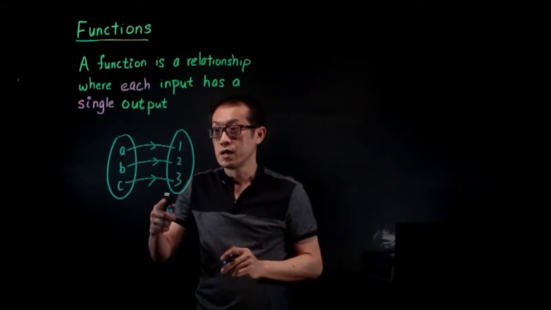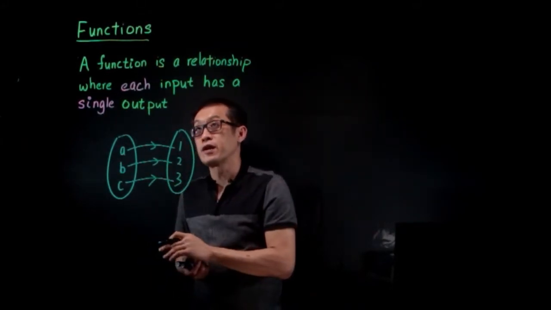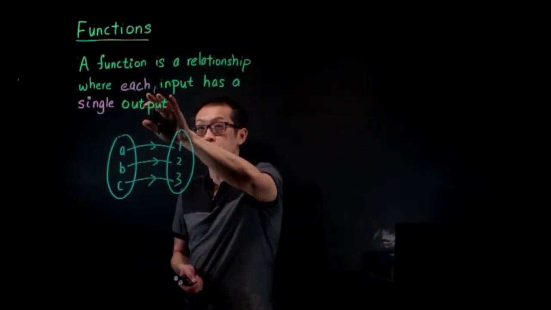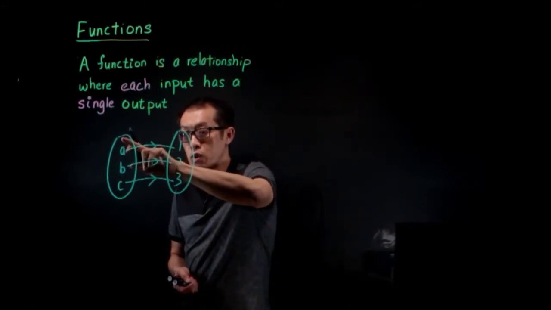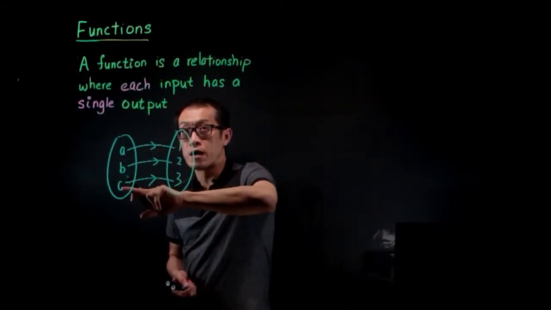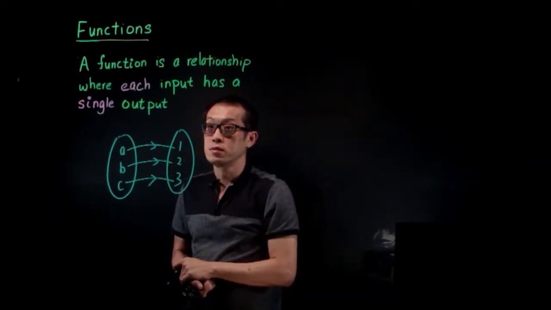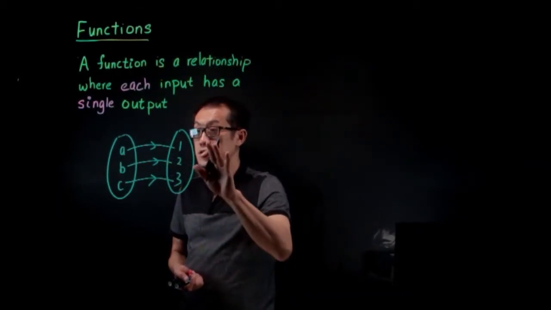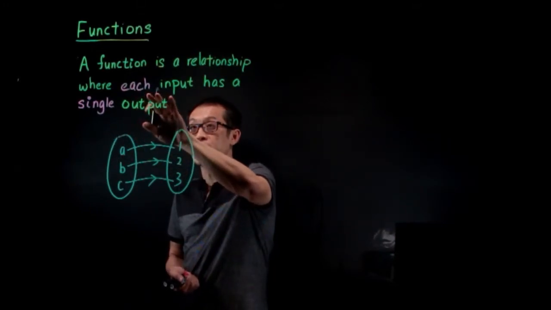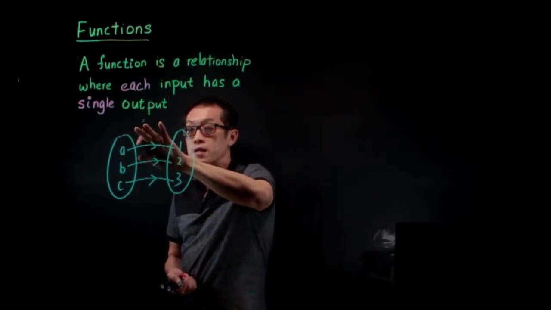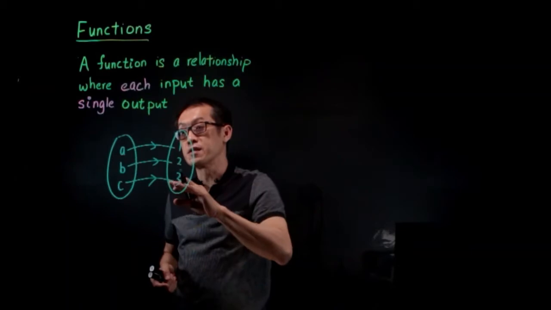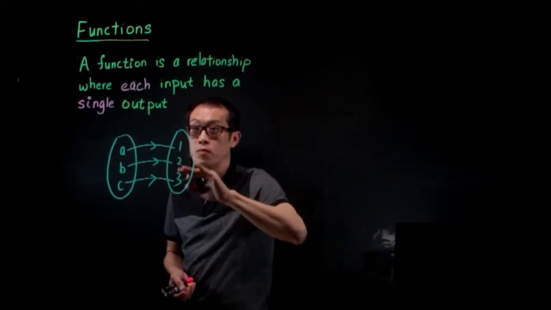Now, why is this a function? You look at it, every input here has a single output. Okay, so this is a function. So it satisfies the definition. This is the input and this is the output.